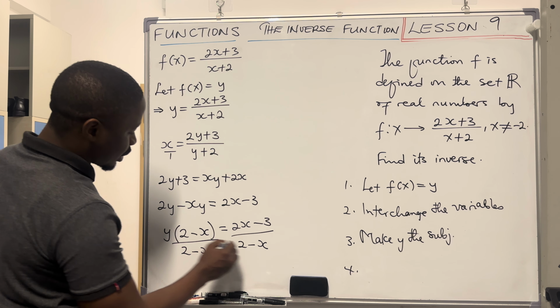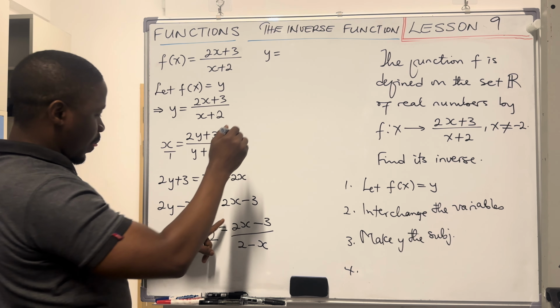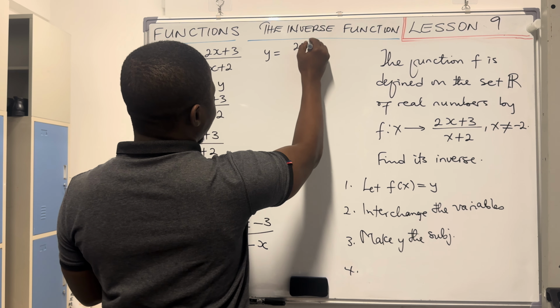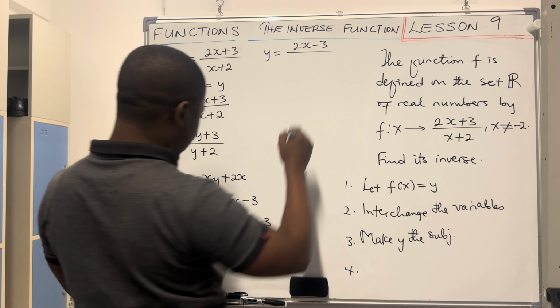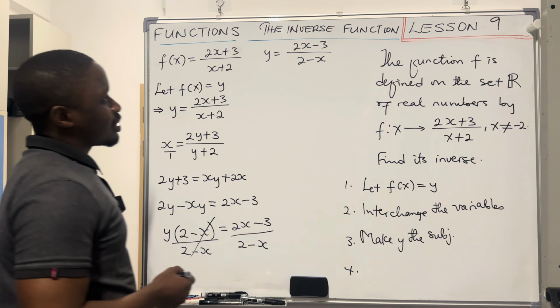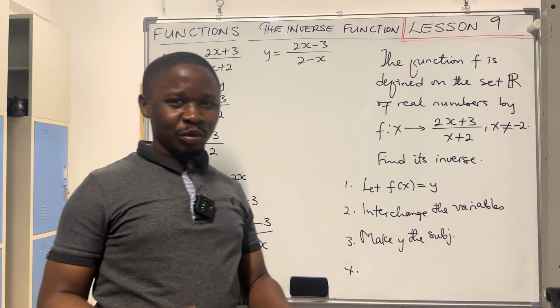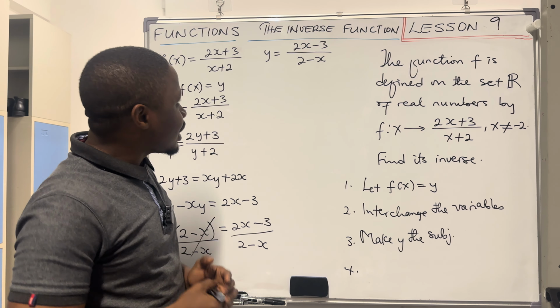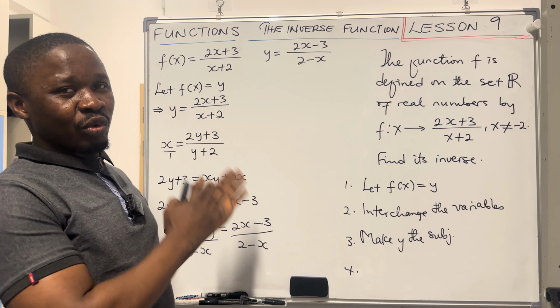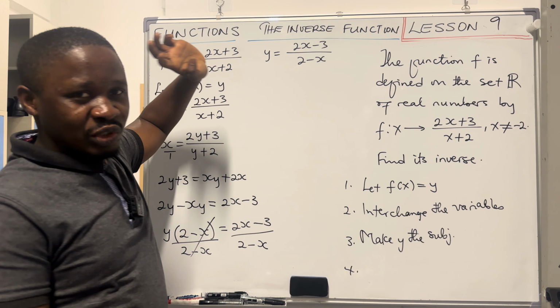So y is equal to 2x minus 3 over 2 minus x. We've succeeded in making y the subject, letting y stand alone on one side, with the power 1 and the coefficient 1.